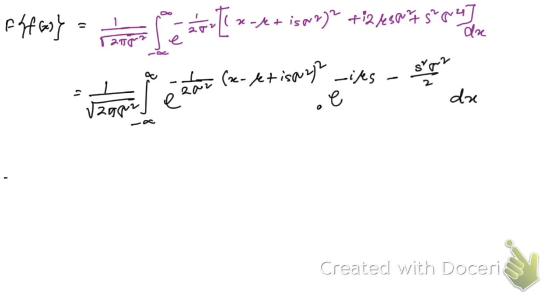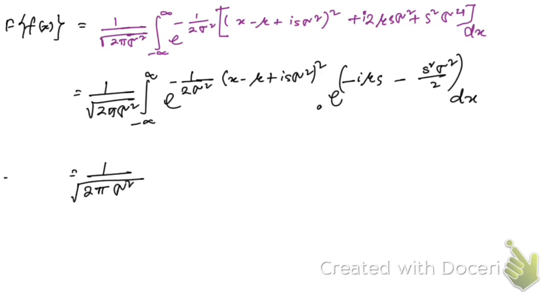So we can write this way, right? And this part is constant, so it can be taken outside the integral. So we can write 1 by root 2 pi sigma square, this is under root, right? And then e to the power minus i mu s minus s square sigma square divided by 2, then integration minus infinity to plus infinity.